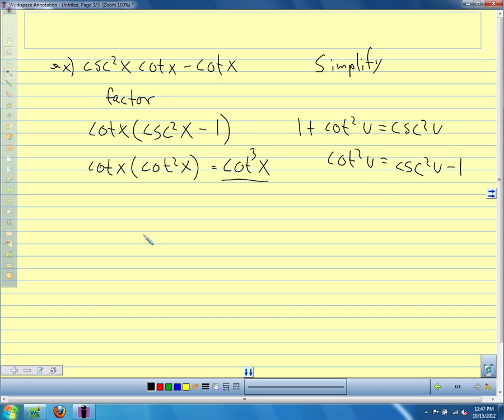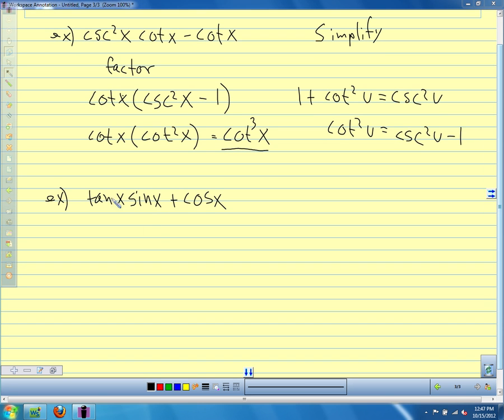All right, let's look at another one. We're going to simplify tangent x times the sine of x plus the cosine of x. So this one, because I can't factor anything. There's nothing to factor.